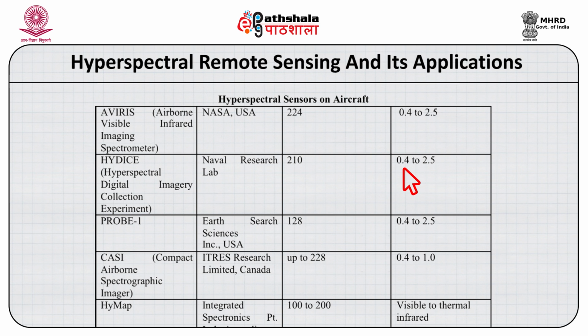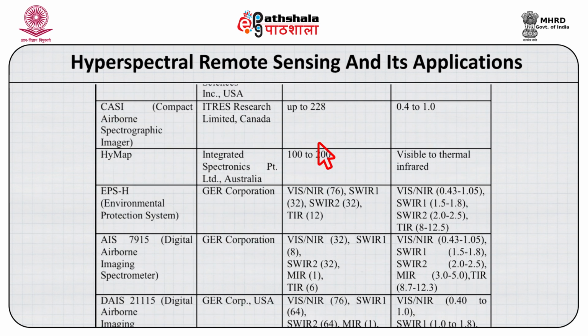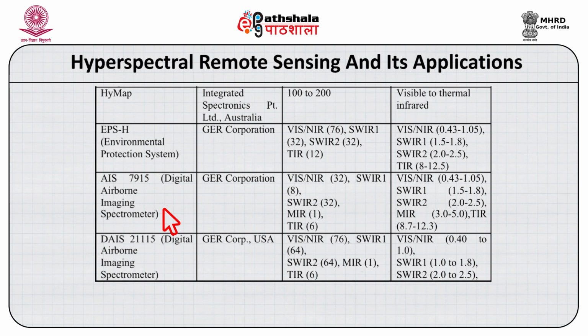If you look at the bottom of this table, the last is the airborne imaging spectroradiometer, and it has a spectral region from 0.43 to 1, very narrow, and the number of bands is up to 288. One more I would like to mention, the second last row of Table 1, is DAIS, the Digital Airborne Imaging Spectrometer, again a US product, where the visible region, near infrared region and short wave infrared region are used.